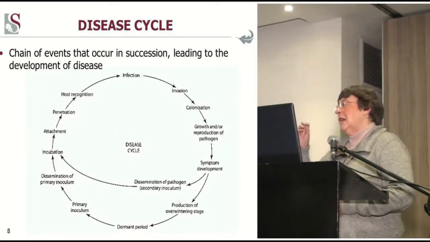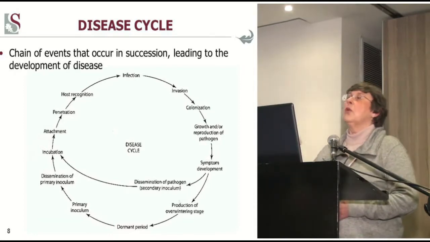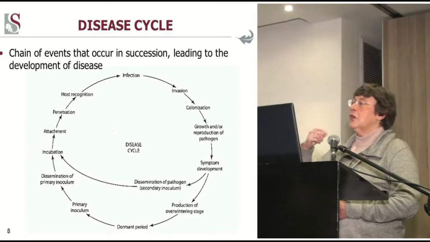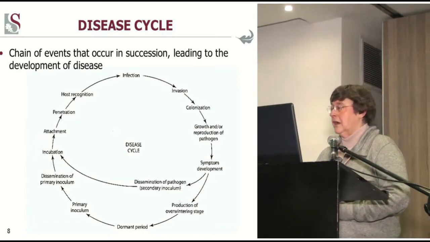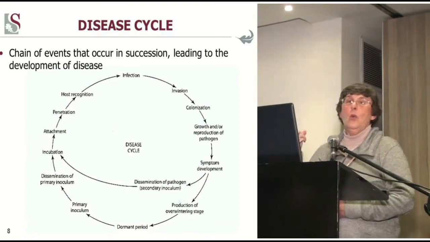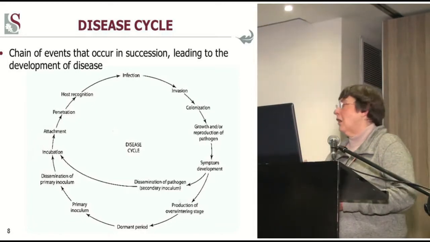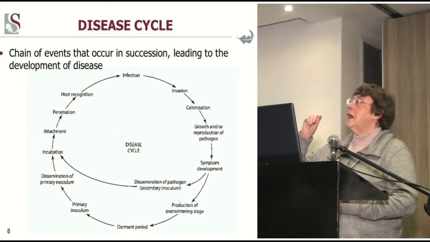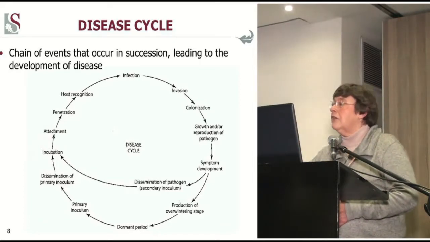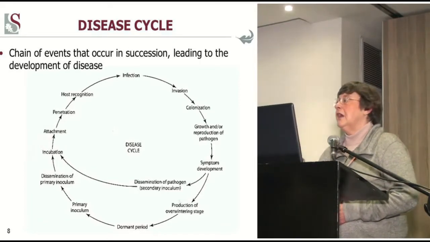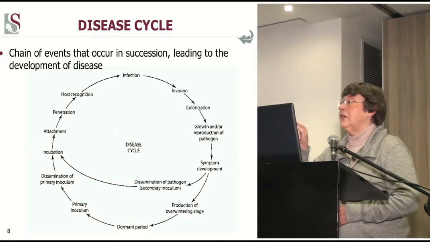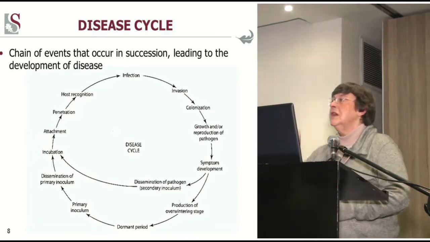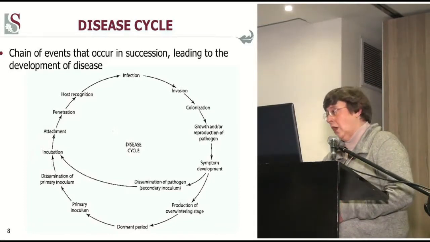If we look at a pathogen and how it will cause a disease, invariably that disease process occurs in a cyclical manner. So within any one season of a crop, you will get a seasonal cycle of that pathogen. You will start off, there will be inoculum of your pathogen. The inoculum will infect your host.